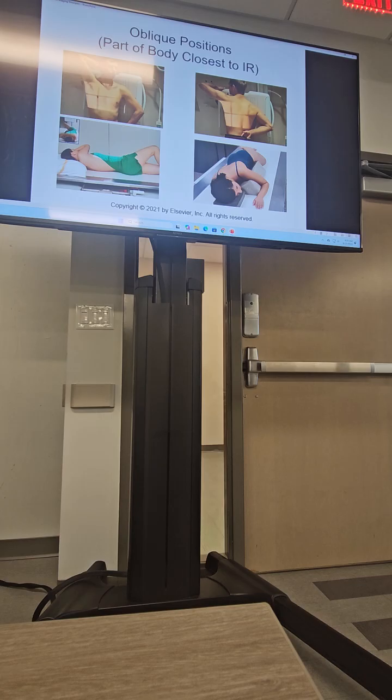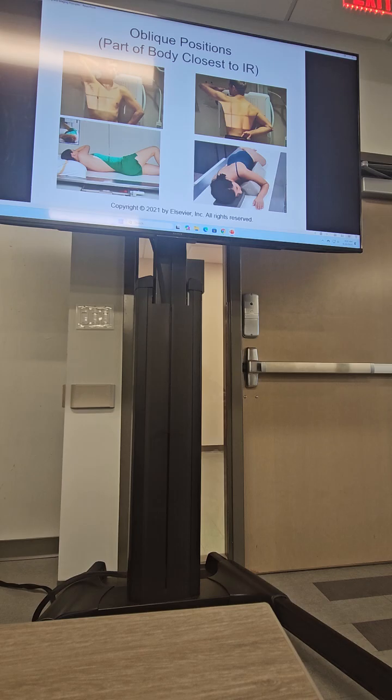As you see here on the pictures, some obliques can be done with the patient standing up, meaning erect or upright, or with the patient recumbent, meaning laying on the table.